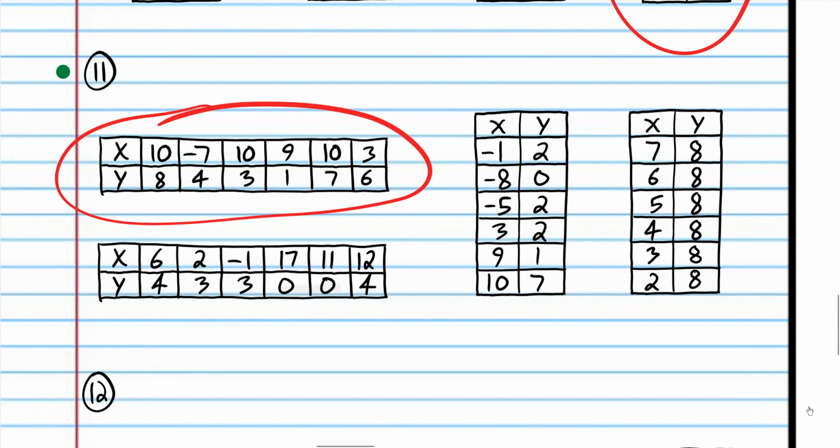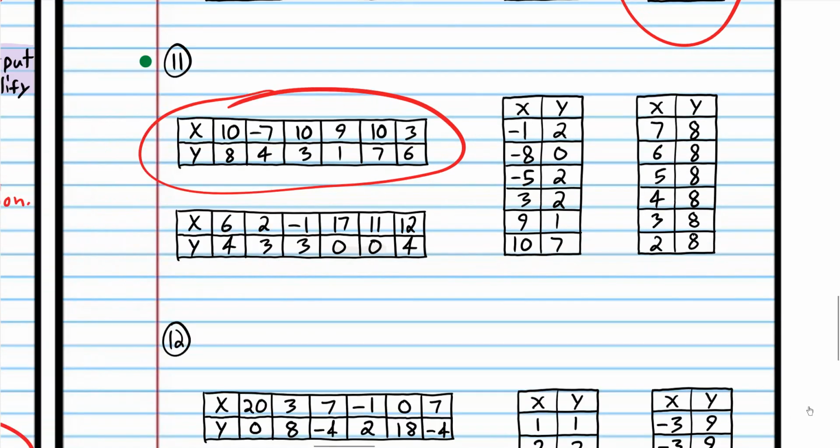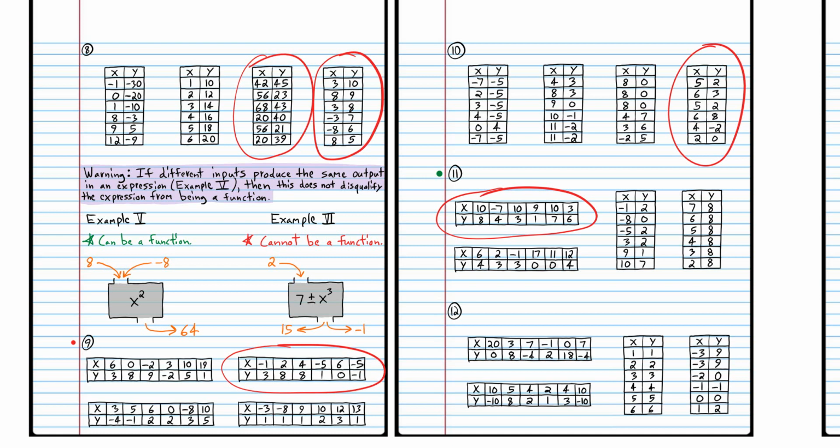What disqualifies the table from being a function is if you have one input. For example, let's say that 7 produced 8, but it also produced 9, 10, 11, then that would disqualify the table as representing a function. Try number 12. When you come back, we'll do it together.